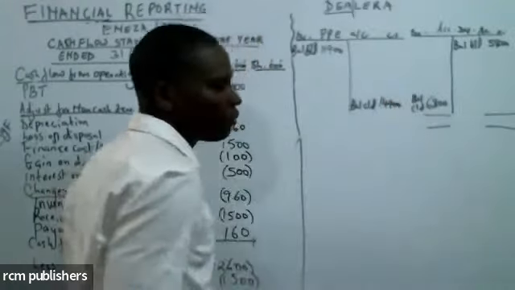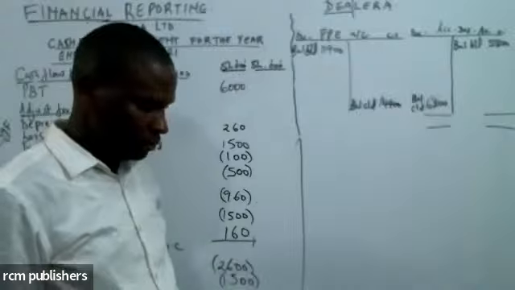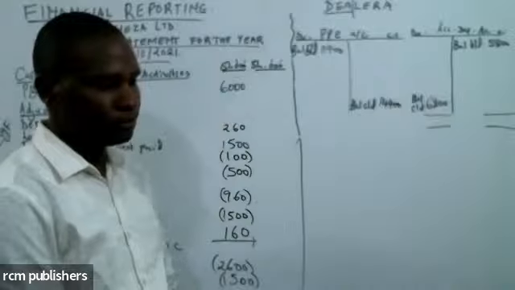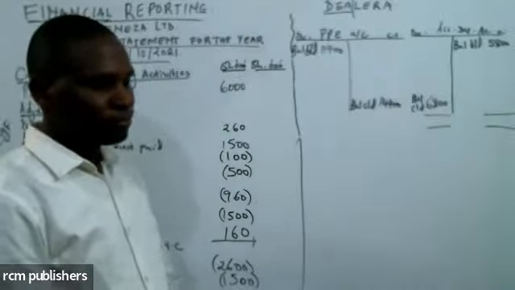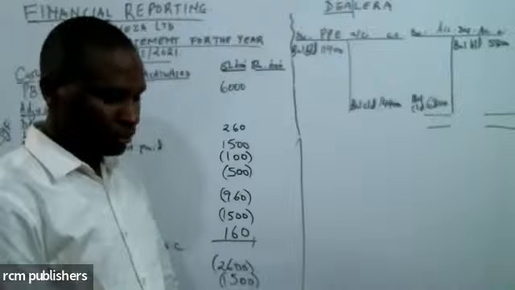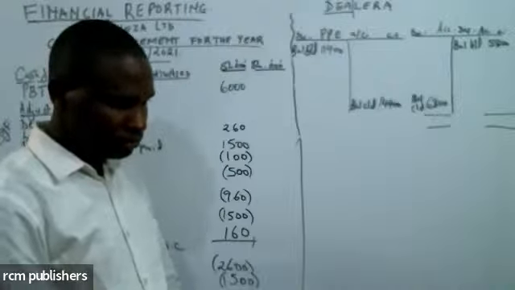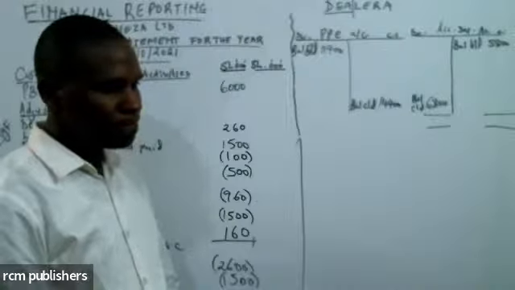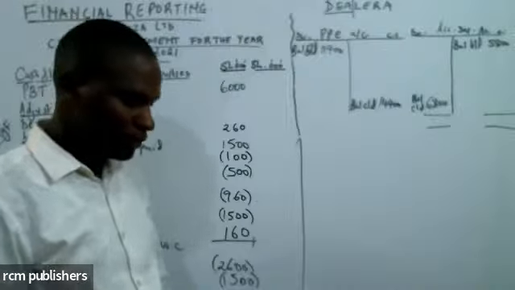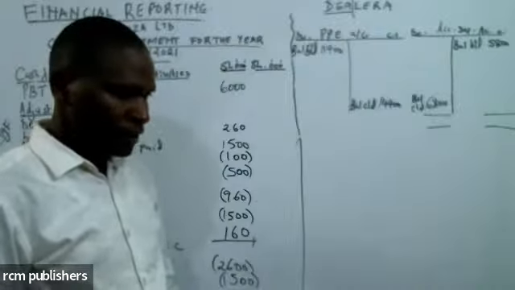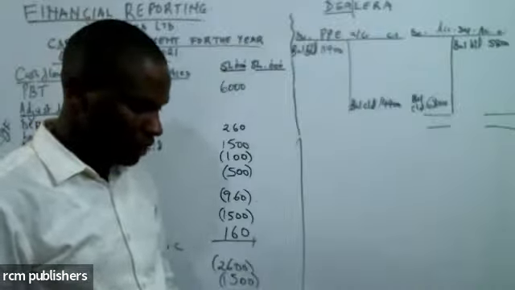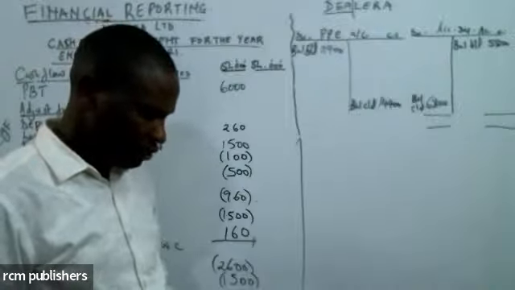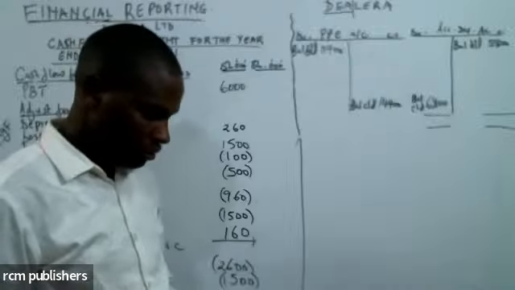14,400. But now we were told of a disposal. Plant worth how much was disposed? Look at the additional information still. They are telling us that it is not plant, it is equipment.